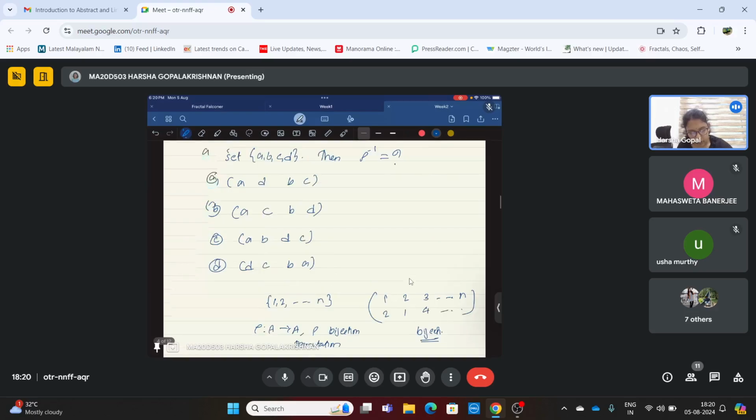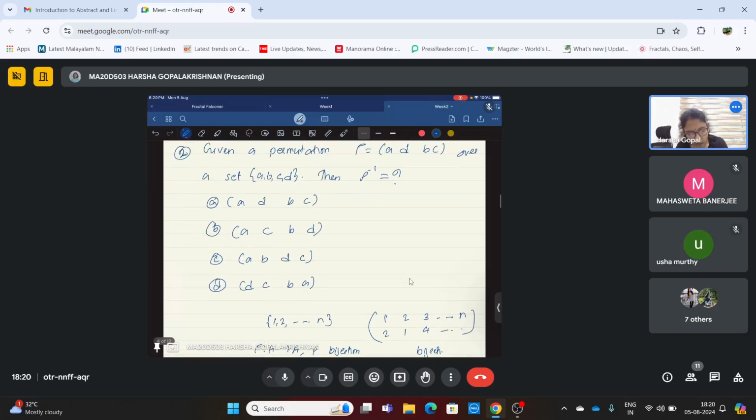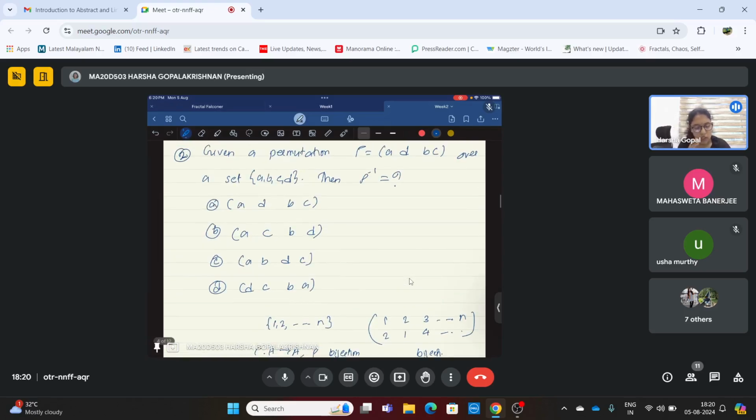Now it is given that the set is ABCD and the permutation is given as ADBC. The question is what is the inverse? Since it is a bijection on a well defined set, obviously it will have an inverse.